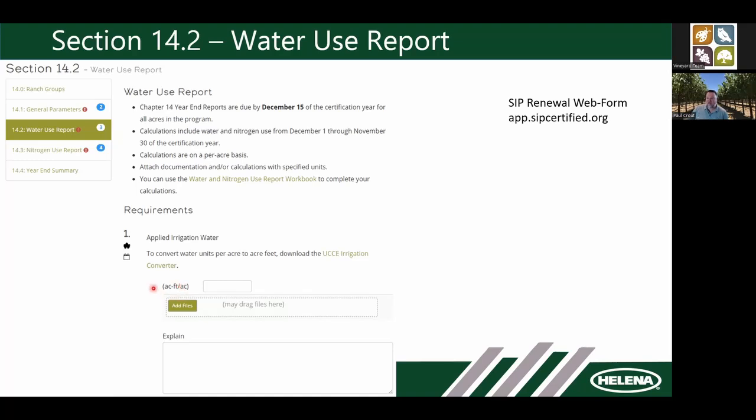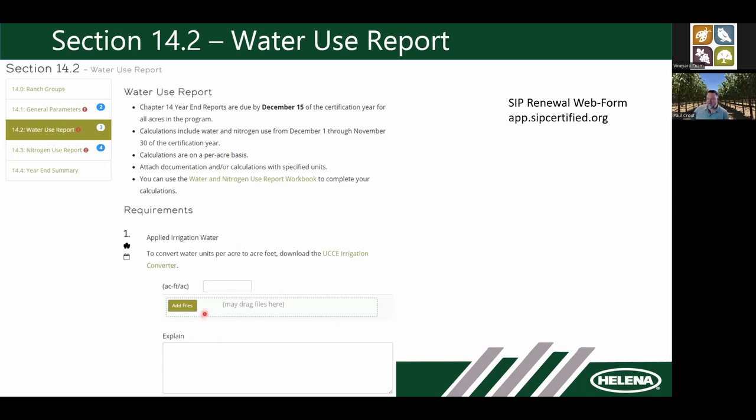The critical unit that we're dealing with is acre feet per acre. Oftentimes, and I'll show you some examples, you'll get water use reports in total acre feet, total inches, or total gallons. We need to convert that to acre feet per acre. That's where we have a very nice workbook that will help us calculate that. I'm going to show you some examples.